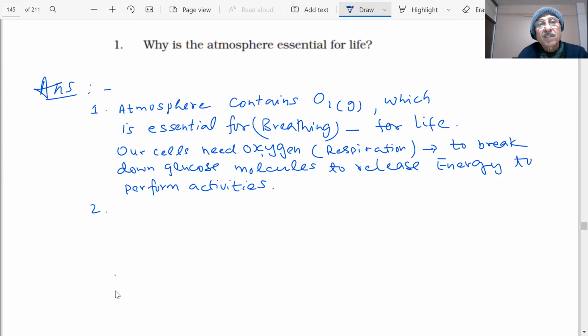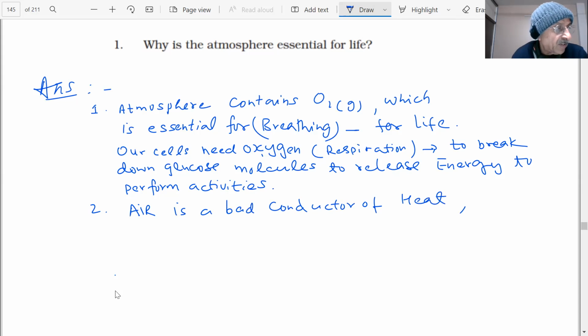What is the second thing? Sir, carbon dioxide is required by plants for photosynthesis. Air is a bad conductor of heat, we told you. Then what does it do?